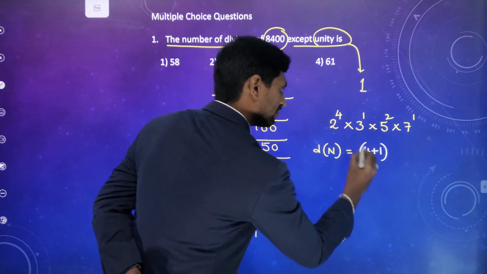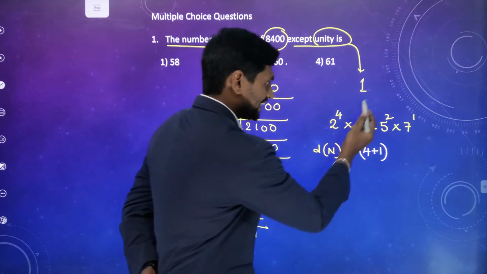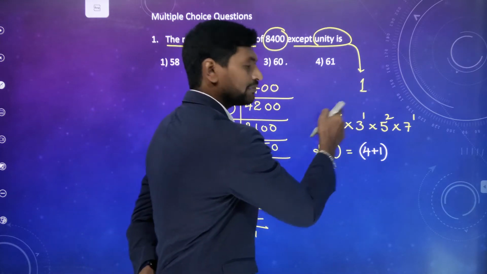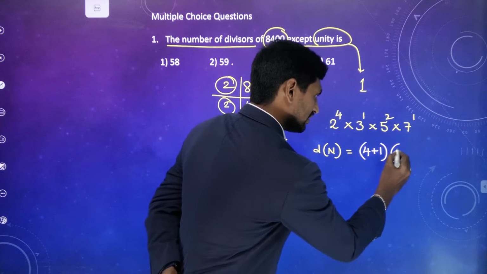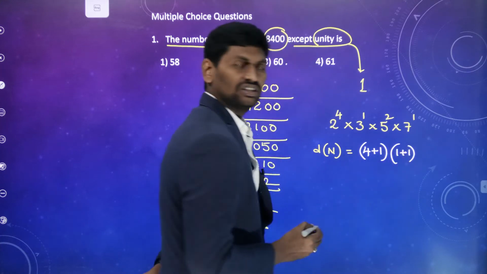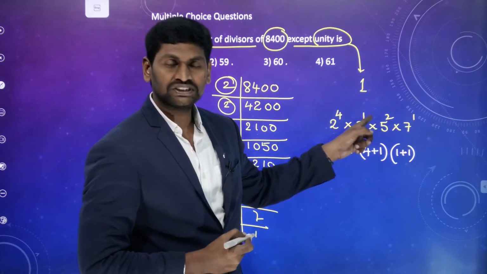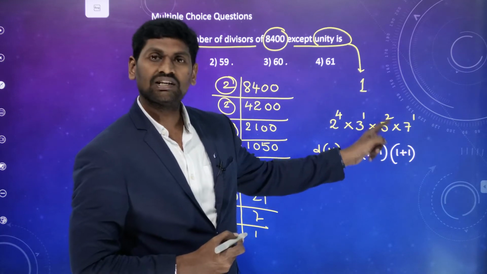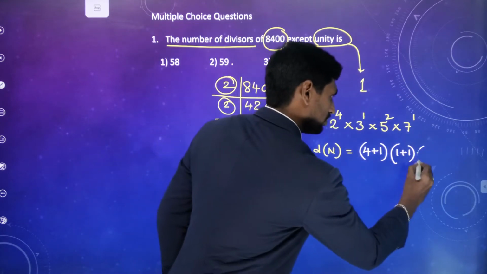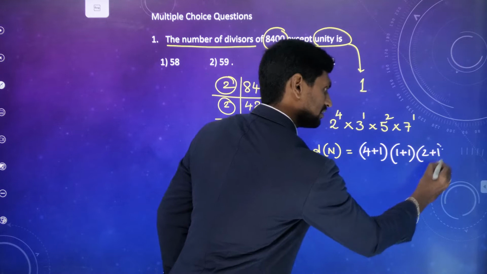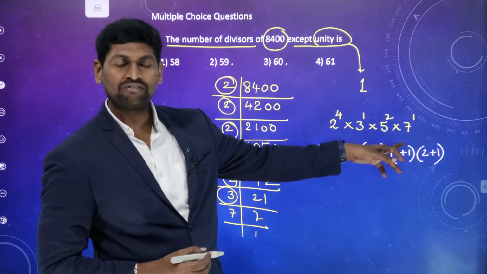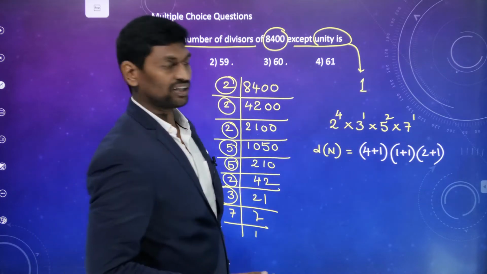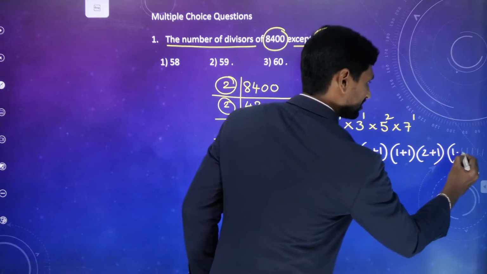For the first exponent we should add 1. Second prime number exponent is also 1. For this number also we should add 1. Third prime factor is 5, exponent is 2. So 2 plus 1. Fourth prime factor 7, exponent also 1. For this also we are adding 1.